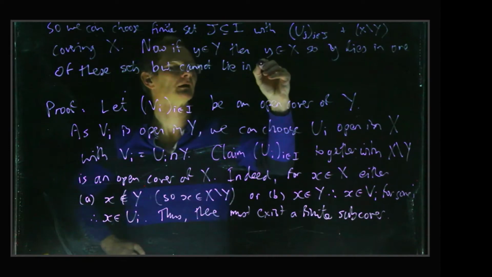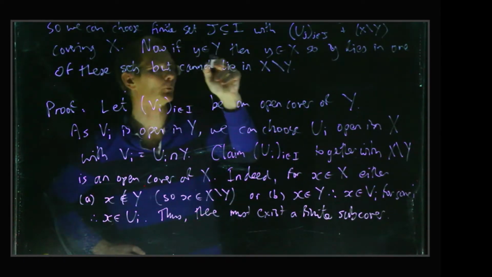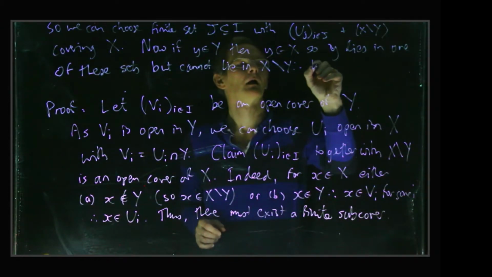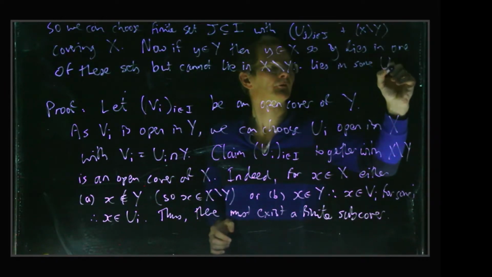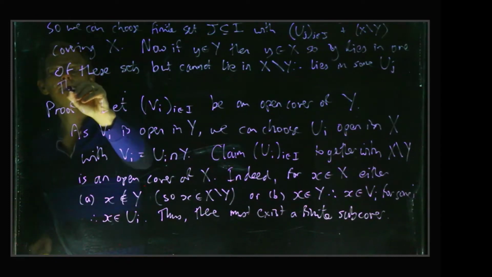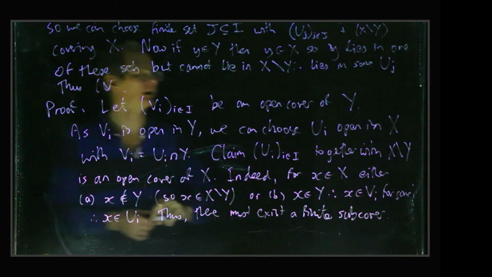But of course it can't lie in X less Y, because it lies in Y, and so it can't be in the complement of Y. Therefore it lies in some U_j.